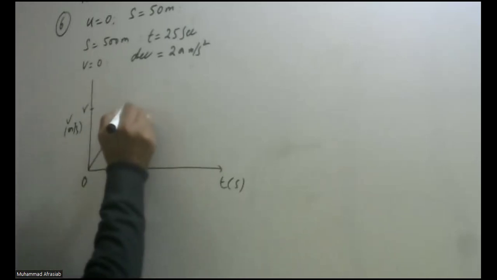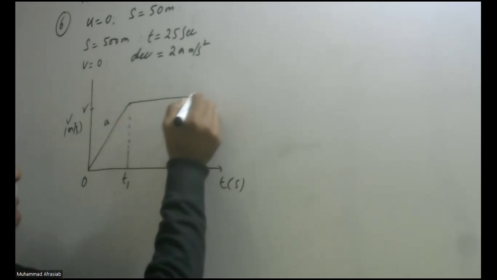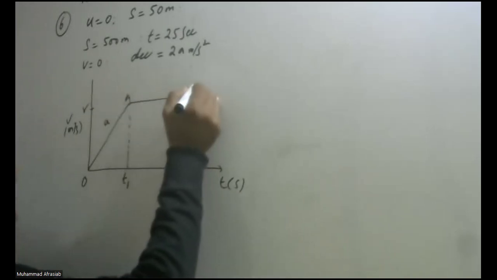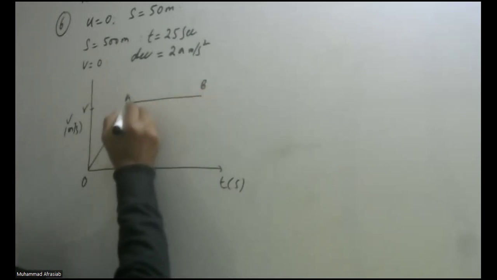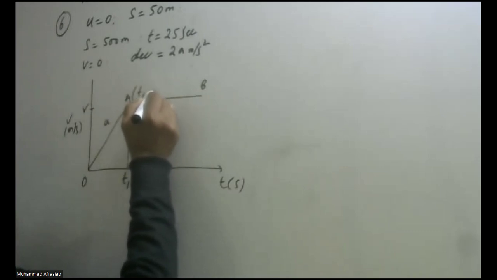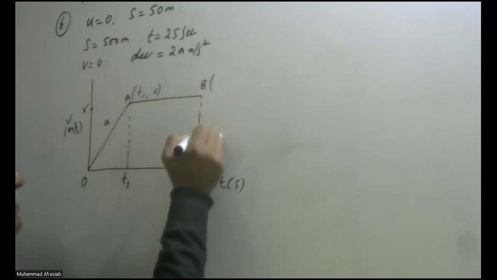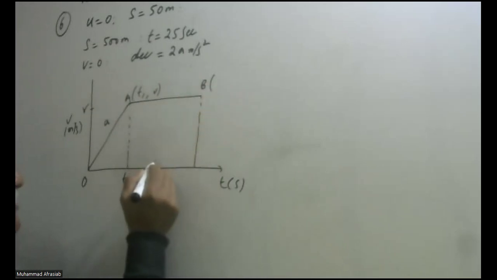Then it moves with a constant speed till this point B. So the coordinate of A will be T1 and V, whereas at B, it has covered a distance of 500 meters in 25 seconds.